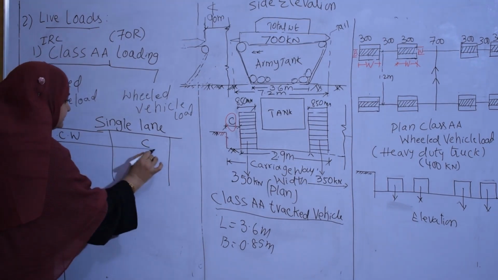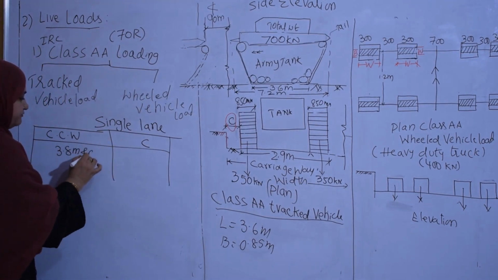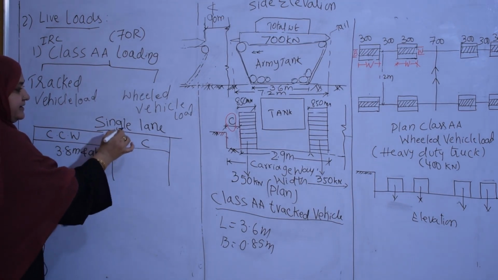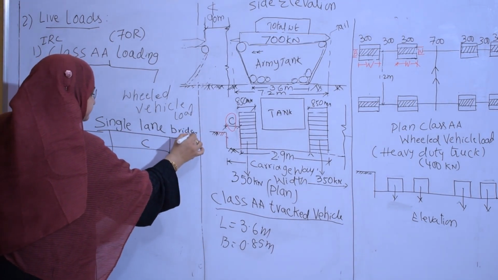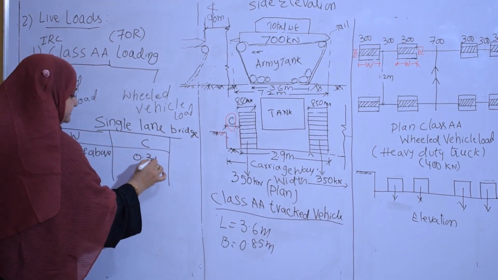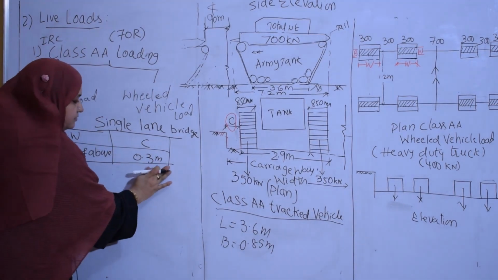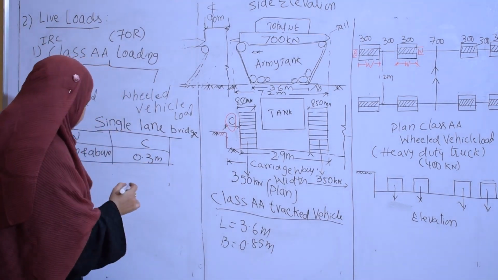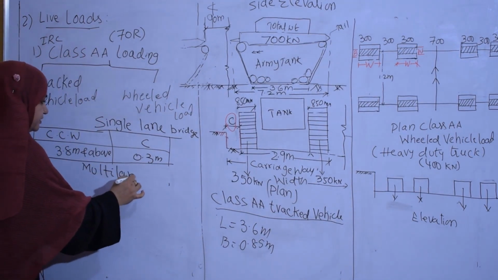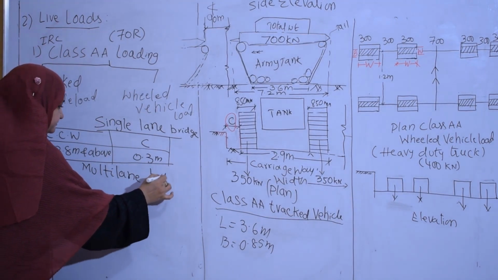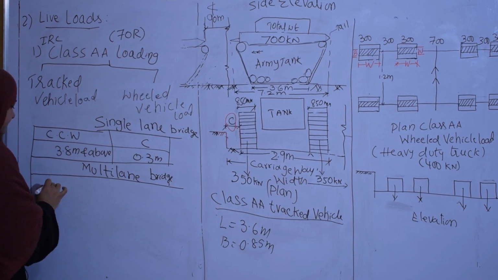So if the clear carriageway span is 3.8 meters and above for a single lane bridge, the minimum distance you have to provide is 0.3 meters. For multi-lane bridges, obviously the clear carriageway will be more than this.